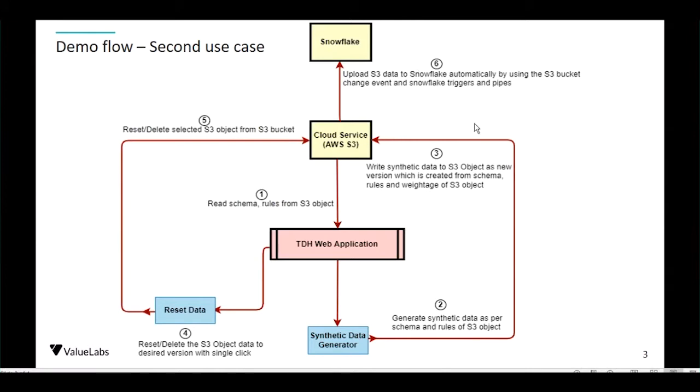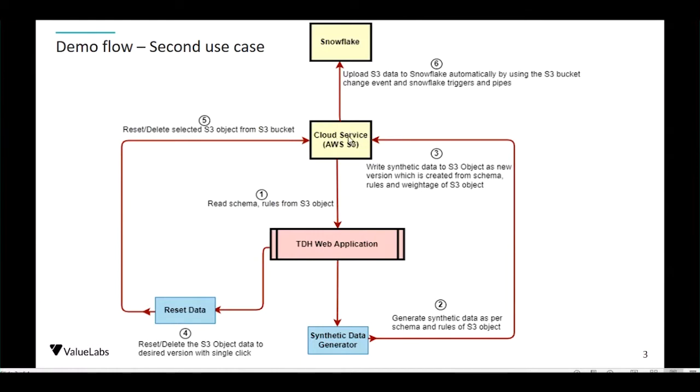If you could see here, the cloud service reads the schema and rules and passes that to TDH. TDH passes it on to a synthetic data generator, which is a mock data generator. Based on the rules, the synthetic data generator will generate data against the rules and the weightages. Then the generated data would be pushed back to the cloud service.